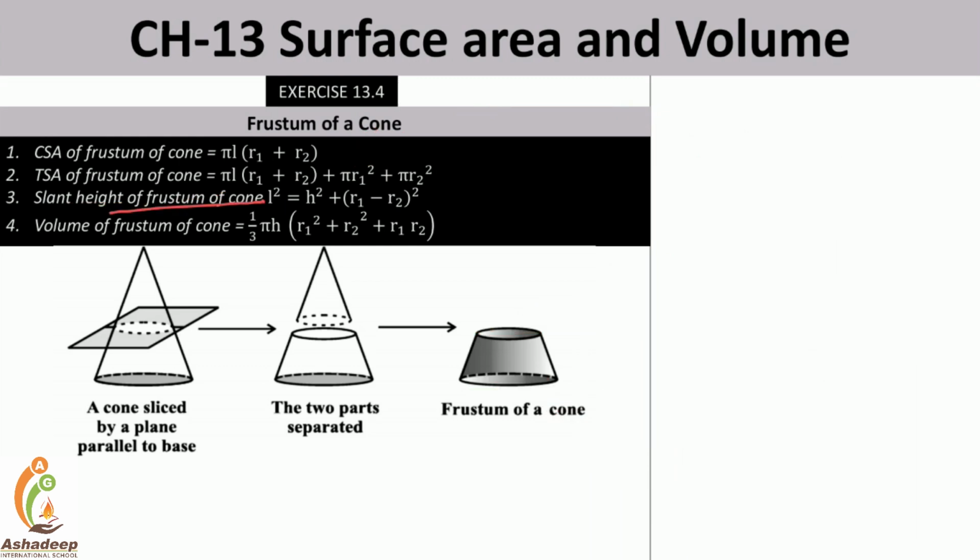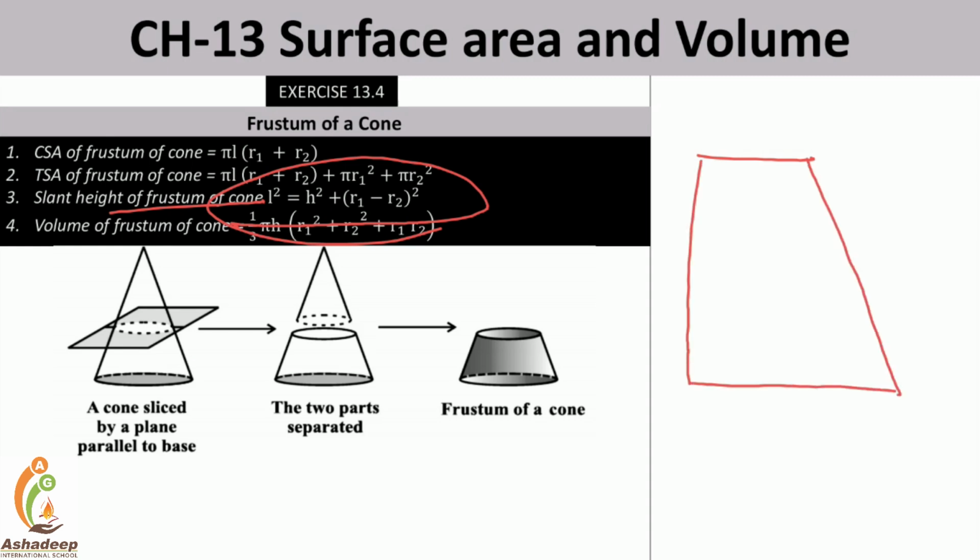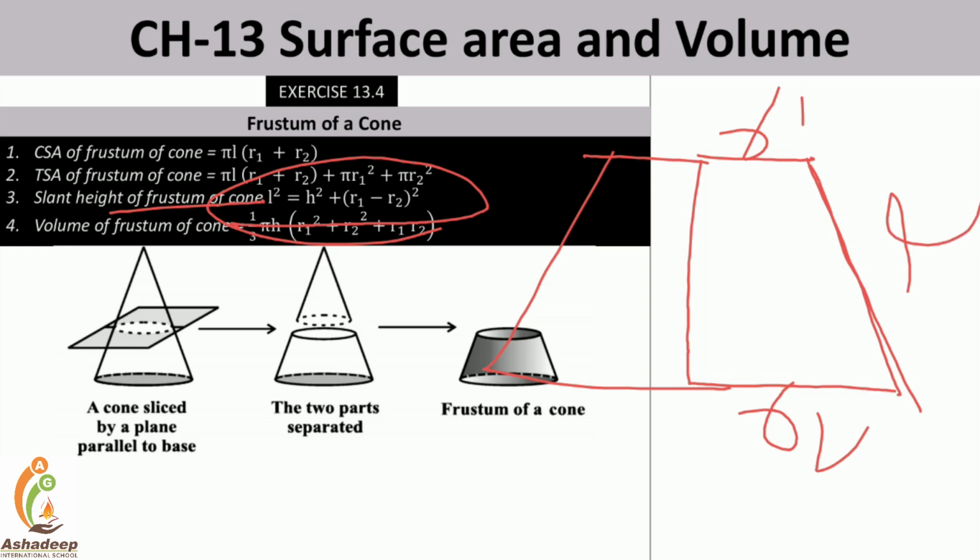Now slant height is what? It is l equals square root of h square plus (r1 minus r2) square. So that thing we need to understand. This is the figure, right? This is the total figure. So this is the r2, this is the r1, and we need to find out this l. So we need to consider this triangle.